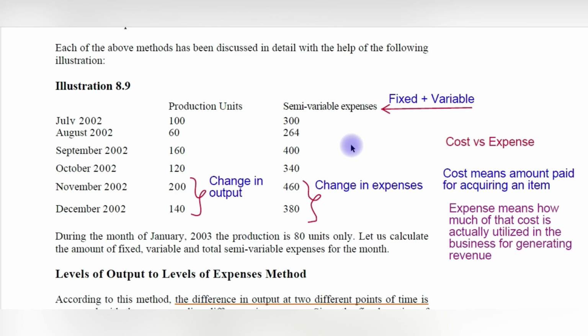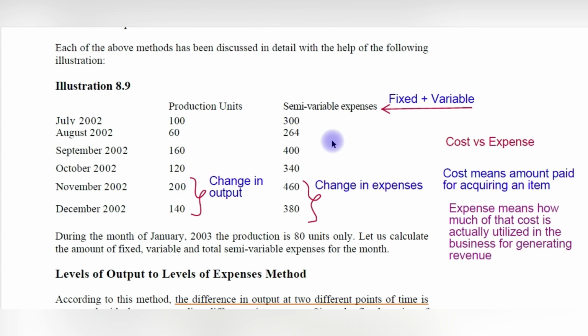In a particular financial year or in a particular period, if the machinery is used only to a particular extent, then that utilized part is called the expense. Expense means how much of the cost is actually utilized in the business for generating revenue. Expenses will be matched with the revenue, whereas cost is not. Depreciation is an expense.